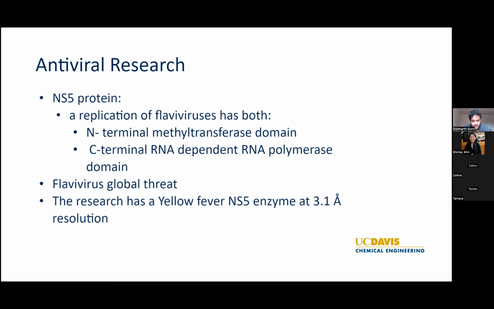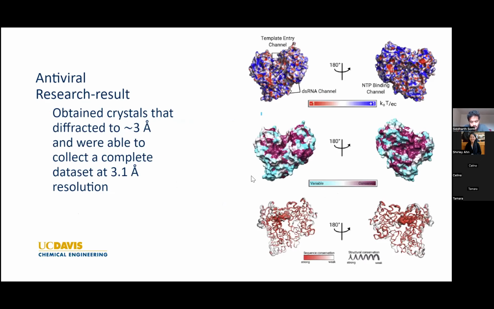So I wanted to see if I could recreate that. The results from that research were that they created a crystal at 3 Angstrom, which is shown in the right figure here.